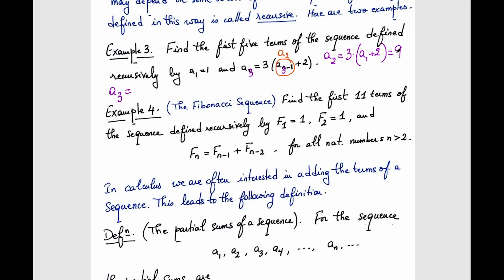We found it to be 9. So this becomes 3 times a sub 2 plus 2. Okay, and a sub 2, the second term, is 9, as we found before. 9 plus 2 is 11, and 11 times 3 is 33. So the third term is 33.